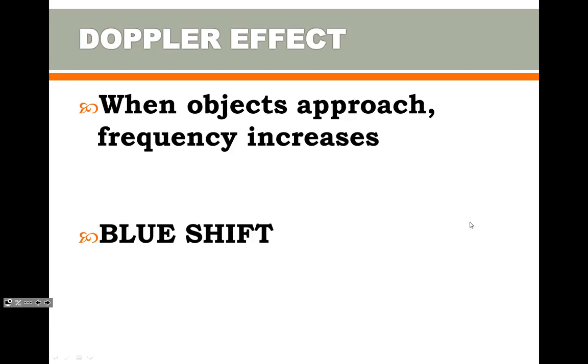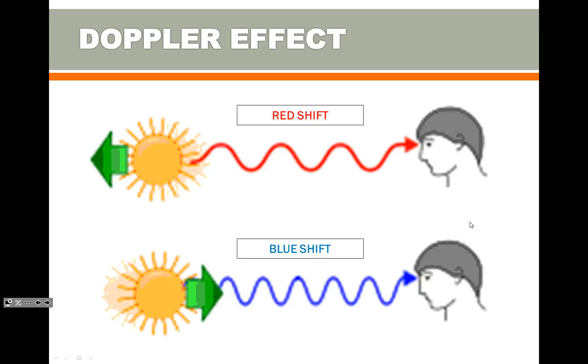All right, and then here's just a diagram to kind of show you this. Here's red shift. Like when the sun moves away from your eyes, you tend to get red tints, okay, a red tint. That's why we refer to the color here. When you're moving towards something, you tend to get blue tints.